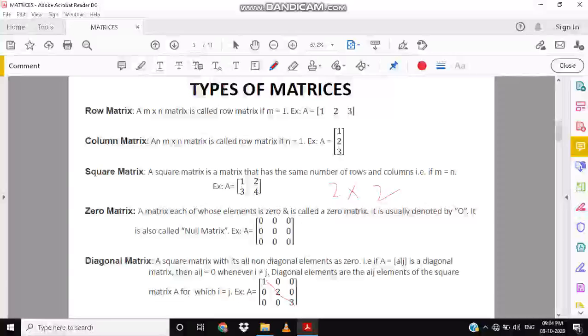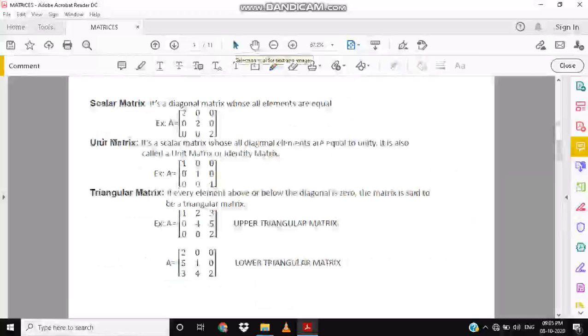All the numbered elements are in the diagonal position, and the rest of the numbers other than the diagonal ones are zero. So this kind of matrix is called a diagonal matrix. A square matrix whose non-diagonal elements, meaning all elements other than the diagonal elements, are zero is termed a diagonal matrix.